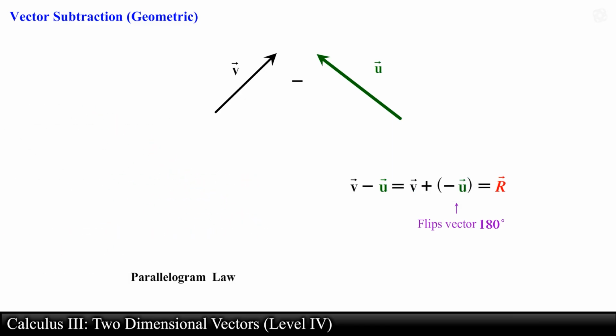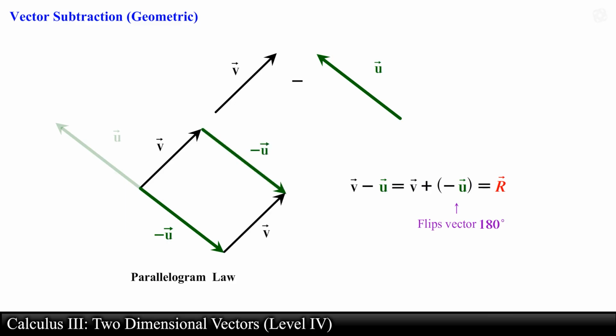We can also use the parallelogram law to find the difference. All we need to do is to make sure we change the direction of vector u so that it faces in the opposite direction. Then we align both vectors so that they start at the same initial point. The resultant vector will lie along the diagonal of the parallelogram, with negative u and v as sides.